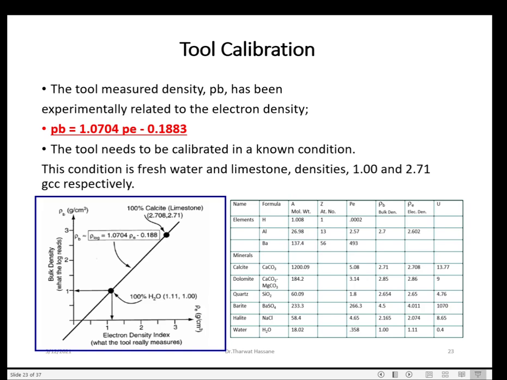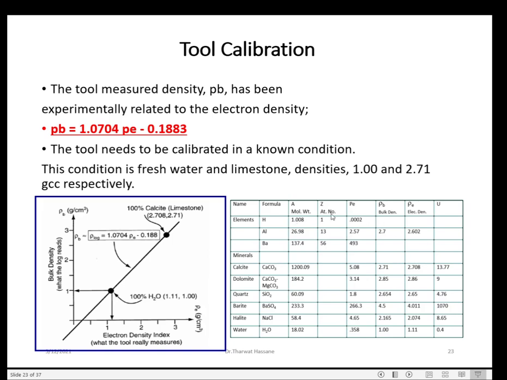So that's why we make the tool calibrations for 100% water and limestone matrix, and found this algorithm relationship between the electron density and the bulk or apparent bulk density in this case, which is this relationship.